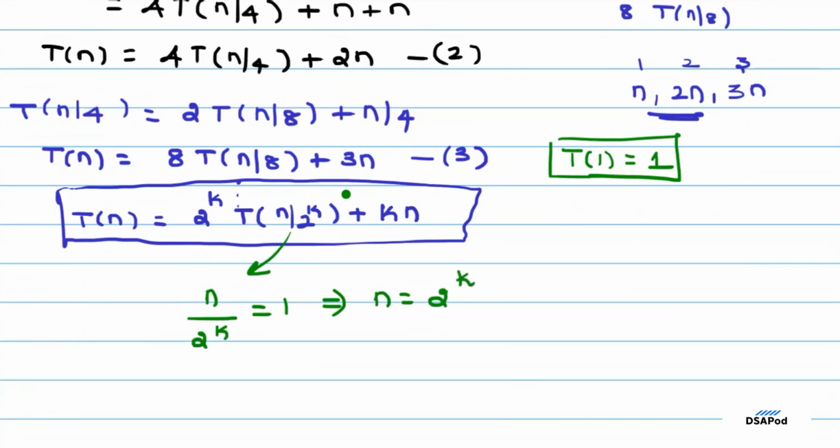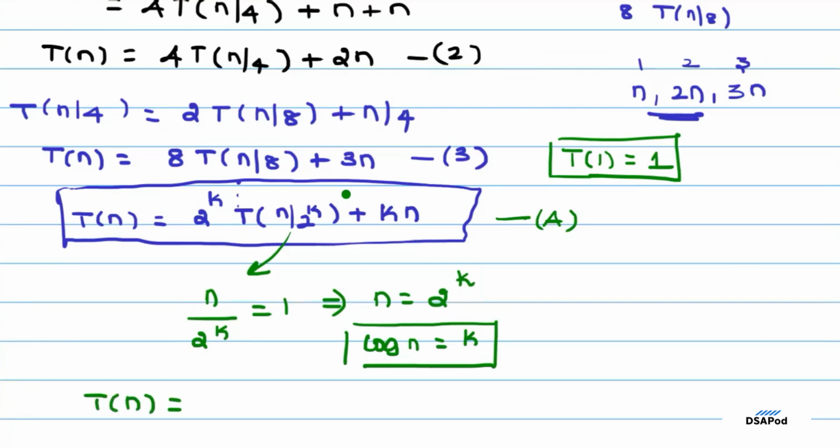So take log on both sides to find the value of k. So if I take log on both the sides, it is k is equal to log n. So now substitute in equation A. The equation A becomes t of n equal to, in the place of 2 power k, I write n, then T of 1, plus, in the place of k, log n, then n.